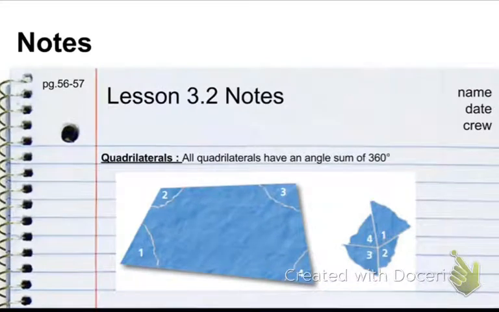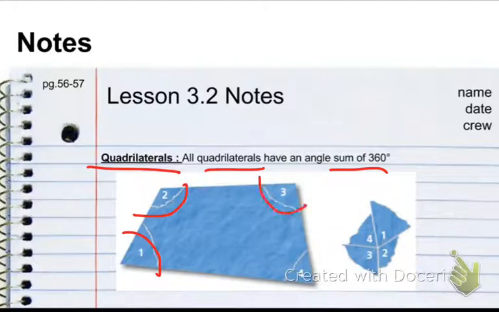Now, quadrilaterals follow a very similar rule. All quadrilaterals have an angle sum of 360. Take any four-sided shape. It can be a regular rectangle, it can be a parallelogram, it can be a quadrilateral, it can be a rhombus, it can be a square, any of them.